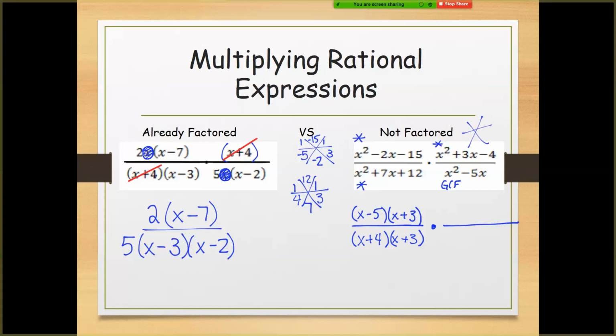Moving to the second fraction, in the numerator, we said we need an asterisk, so we're going with 1 in the top left, 1 in the top right, 3 in the bottom middle, and -4 in the top middle. Two numbers that multiply to give us -4 and add to give us 3.